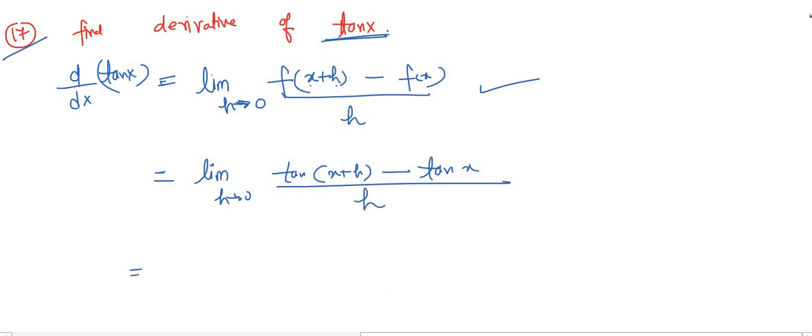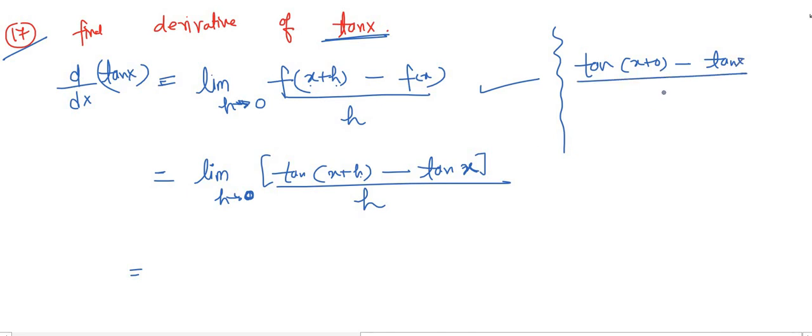So how can we solve it? In order to solve it, we are supposed to put h equal to 0 and get the value. Let me put h equal to 0 and check what we are getting. We are getting tan of x plus 0 minus tan of x, divided by h which is 0.